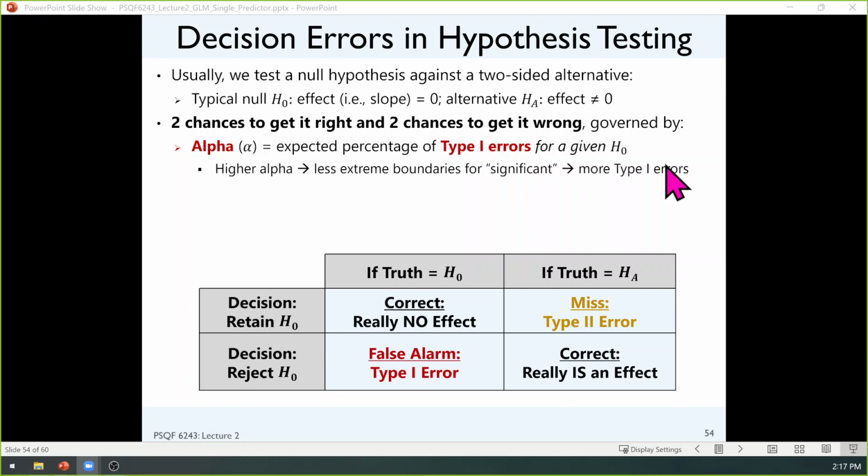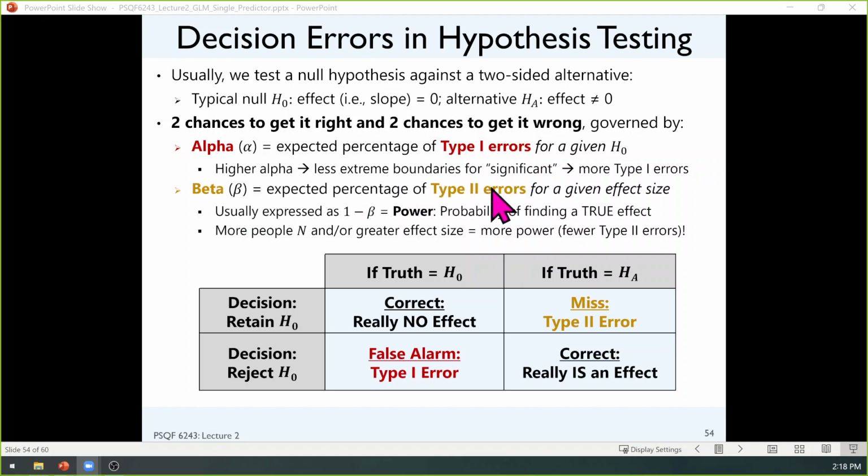We change it from maybe 0.05 to 0.01. So then we're saying that it's a harder boundary to cross to get to where unexpected starts, and we would only have a false alarm 1% of the time. If we wanted to be more lenient, we would increase alpha instead, maybe 10% of the time.